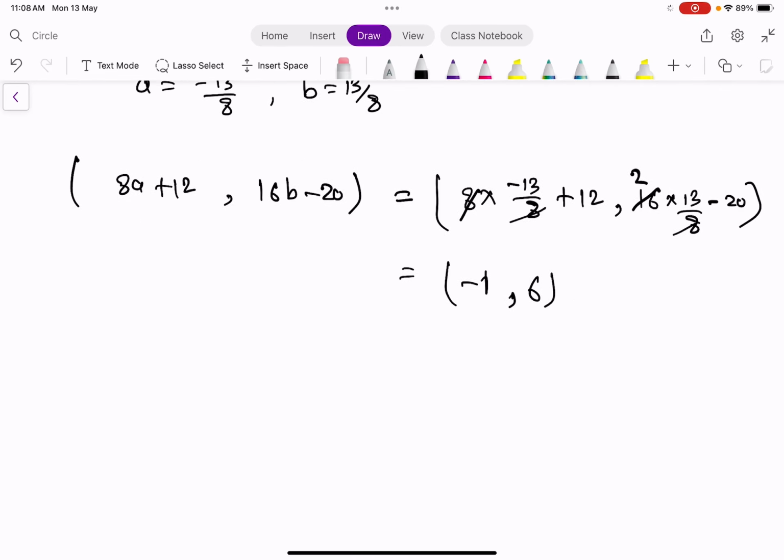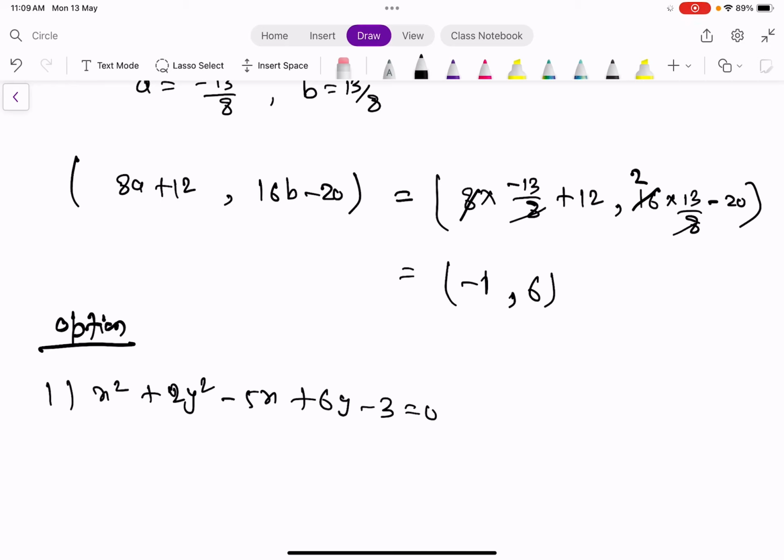Now if you see the options, the first option is x square plus 2y square minus 5x plus 6y minus 3 equal to 0. Now try to satisfy it here. This will be 1, plus 2 into 36, minus minus, plus 5, and plus 36 minus 3.